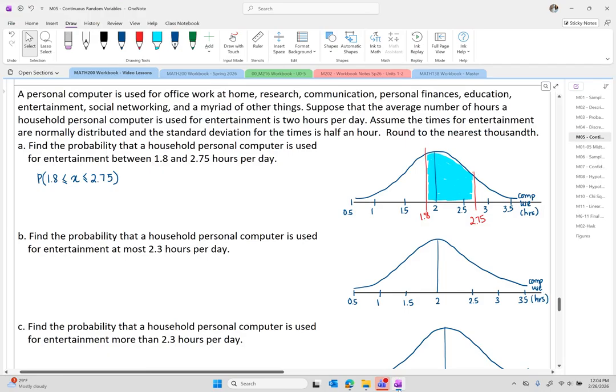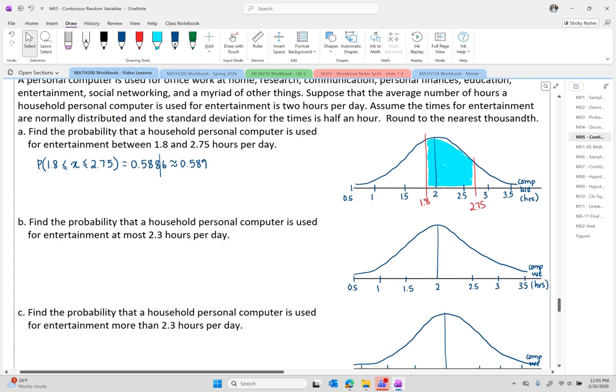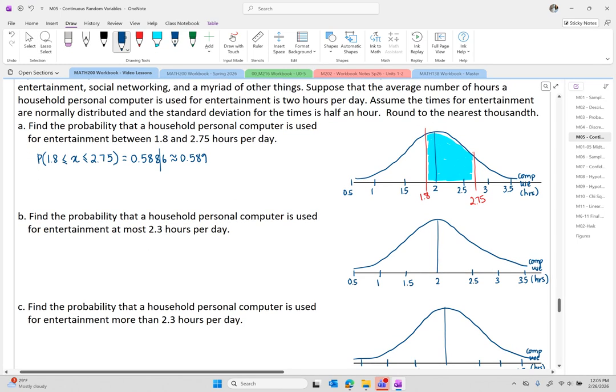But then they say that I need to round to the nearest thousandth, and this is to the nearest ten-thousandth. So I have to round to 3 decimal digits, which will be approximately 0.589.